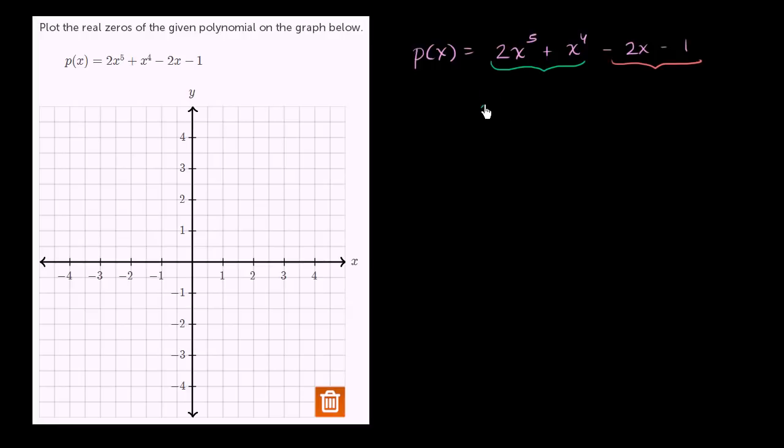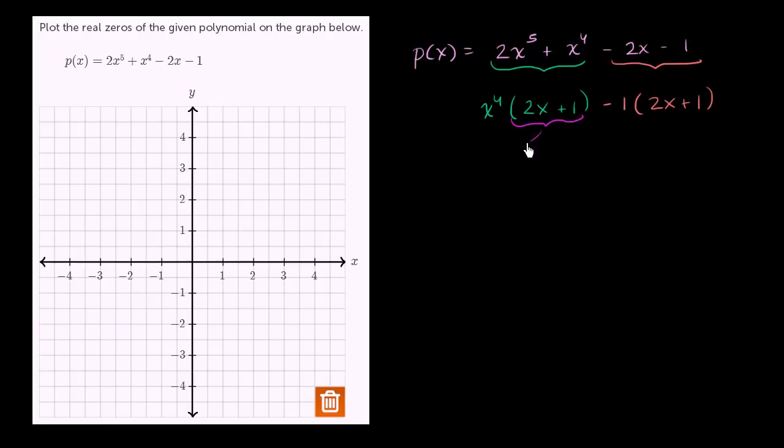We could write this as x to the fourth times 2x plus 1. And this should get us excited because this looks pretty close to that, especially if we were to factor out a negative 1 here. So we could factor out a negative 1, and then this is going to be 2x plus 1. And it's exciting because now we can factor out a 2x plus 1 from each of these terms.